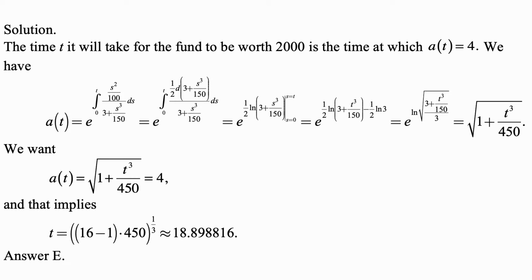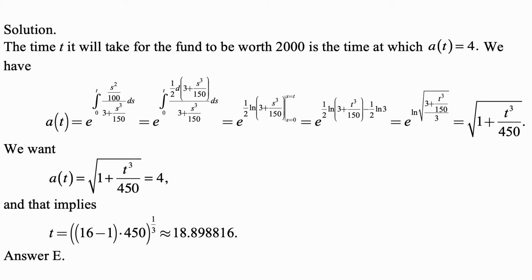But if you multiply that 50 by 2, you get s squared over 100. So this s squared over 100 can be written as 1/2 of the differential of 3 plus s cubed over 150.